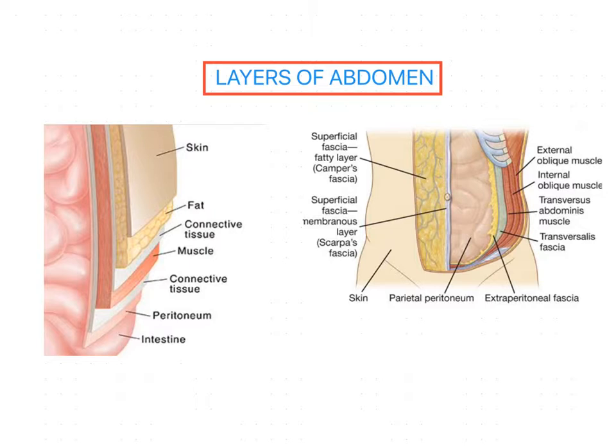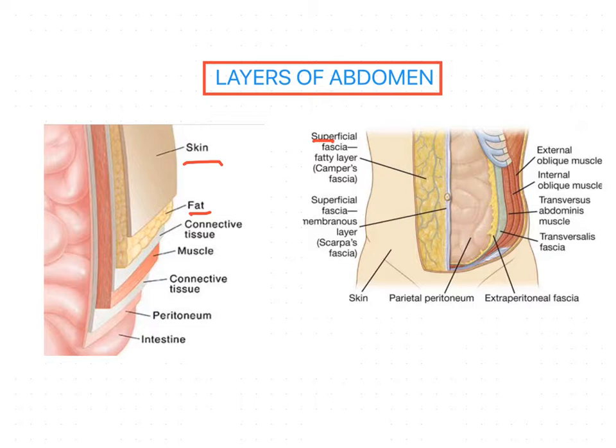If you see the layers of the abdomen, the first layer includes the anterior abdominal wall. This anterior abdominal wall includes the skin, and then the superficial fascia, that is fat, and this superficial fascia has two layers, a fatty layer as well as a membranous layer. After that, you can find the muscular layer, isn't it?